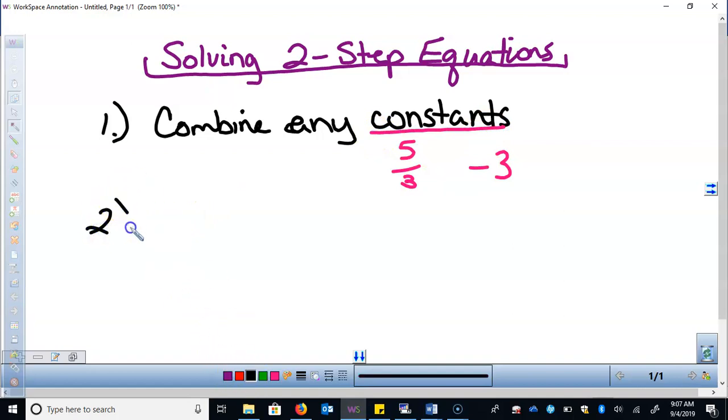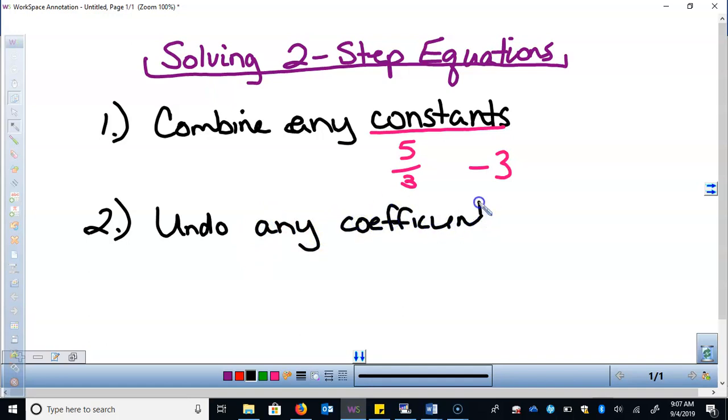The second step is to undo any coefficient that we see. Again, vocabulary word here, coefficient. What does it mean? A coefficient is a value that is being multiplied or divided by a variable.